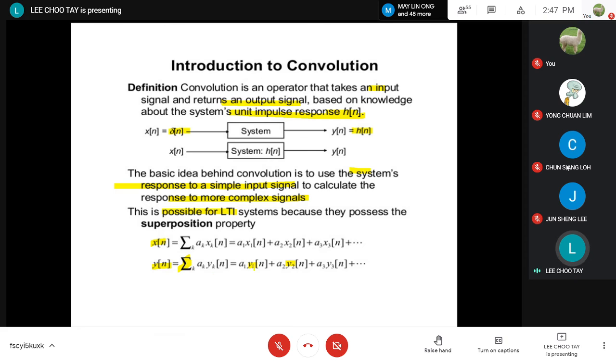And what is y1? y1 is the system's output for input x1. So if x1 is multiplied by a1, then y1 will be multiplied by a1 as well.